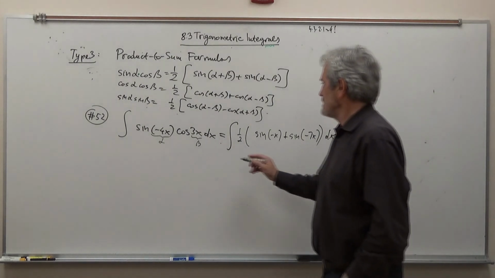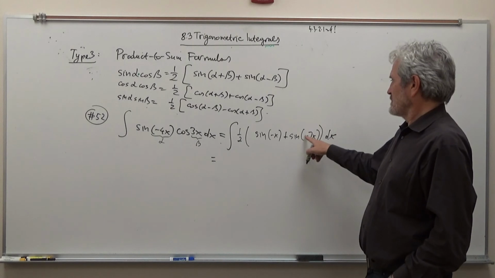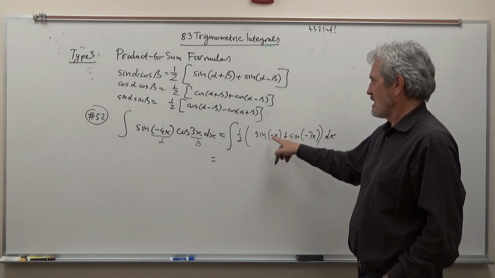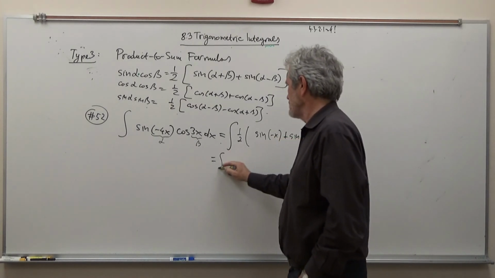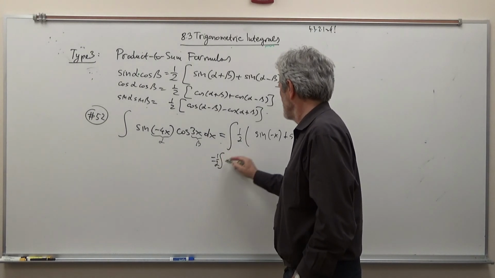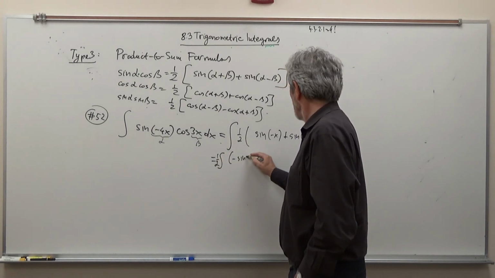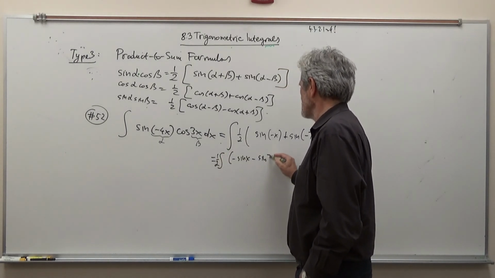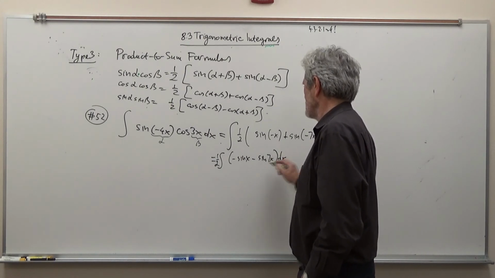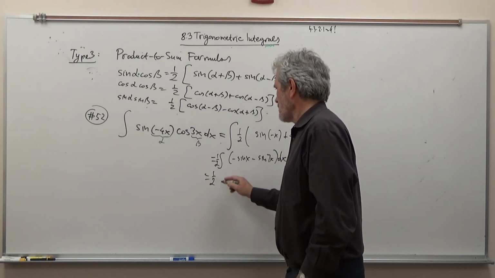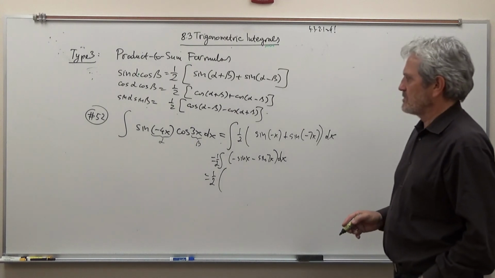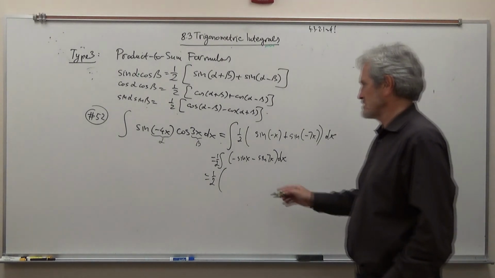So what then? Really, I'd like to factor out that minus because they are odd functions for both of them, and then 1/2 out. So it will be minus sine x minus sine 7x dx. Now I don't want to factor out, because the integral of minus sine x is just cosine x.